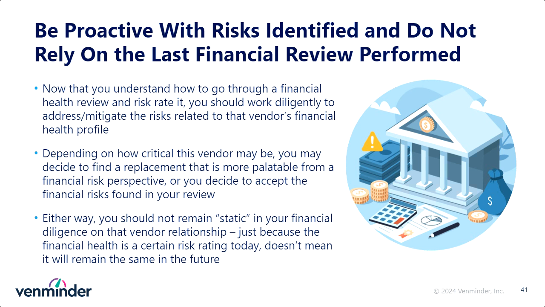It's not enough just to identify those risks; it's also good to take action when action is relevant. You shouldn't remain static in your reviews, and you should do them on a continual cadence, because just because there is a financial health profile today doesn't mean it's going to be the same in future periods. So don't stand still, don't stay on your heels, be proactive as much as possible.